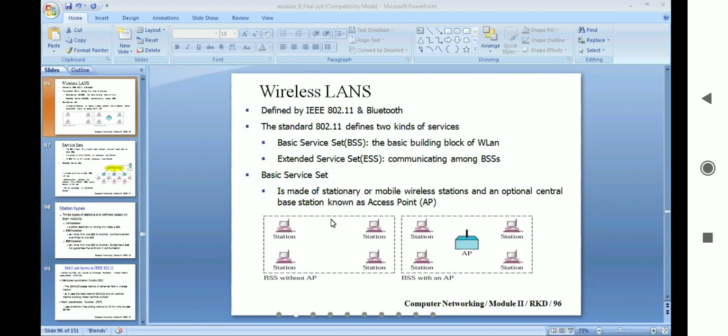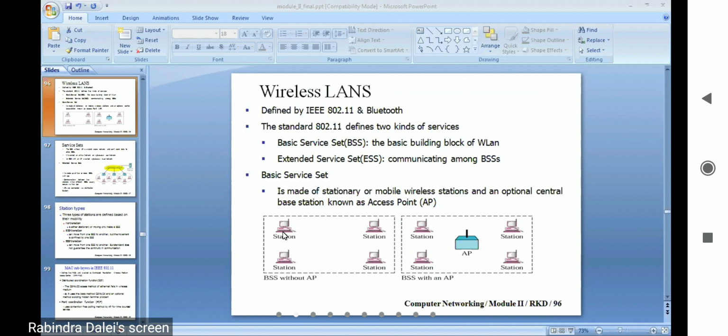Now you can see this is one BSS, with one workstation, another workstation, and another workstation. These four workstations can communicate with each other without using any infrastructure.